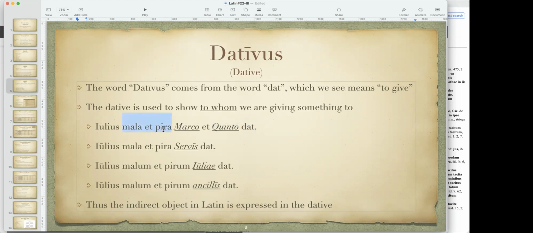So this must be accusative. Gives mala, apples, pira, pears, by means of Marcus and Quintus. Well, that doesn't sound right. No. To make that sentence into any sensible format, you then have to say, oh, to Marcus and Quintus.